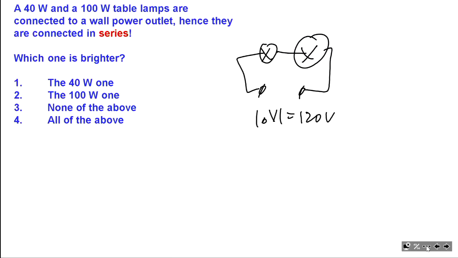Now, let's call it R1. Actually, we don't know the resistance, but we will find it. And this will be P1, a 40 watt bulb, R2, P2, a 100 watt bulb. What do they share now? Electric current.